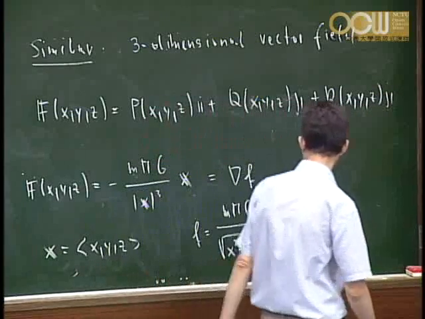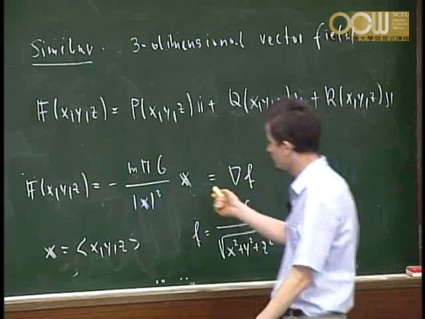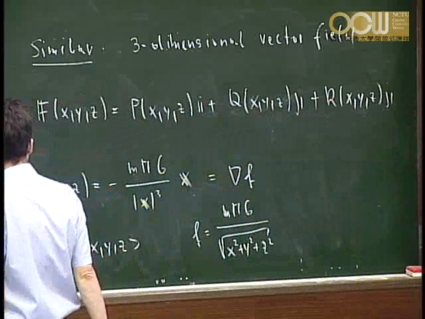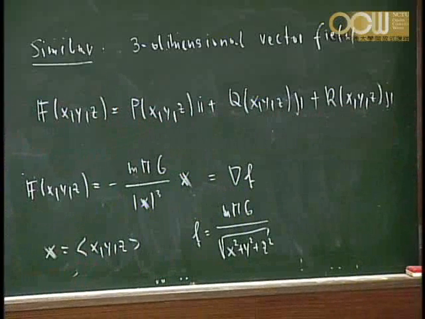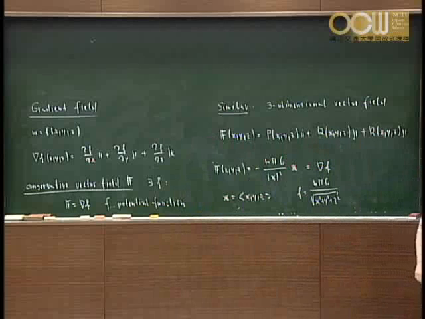Okay, so the gravitational vector field is an example of a conservative vector field, and if you check many of the examples you encounter in physics, there are many which are conservative vector fields.